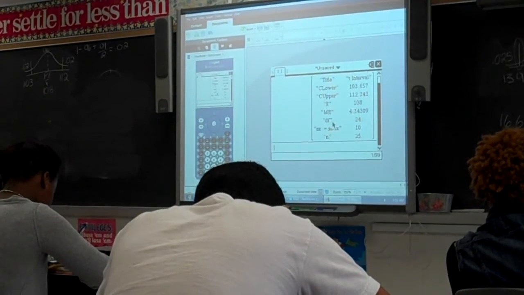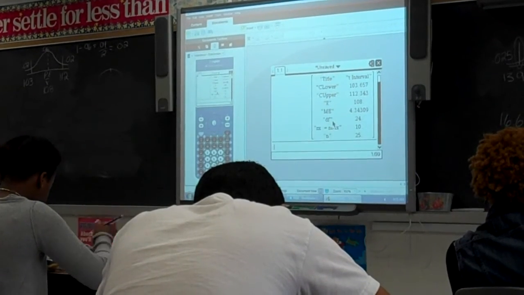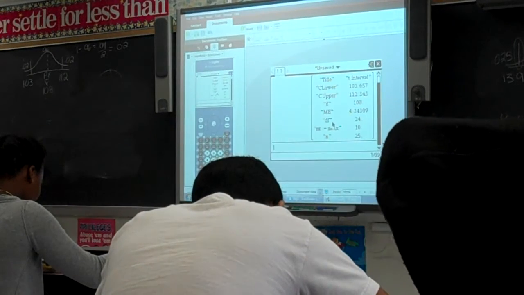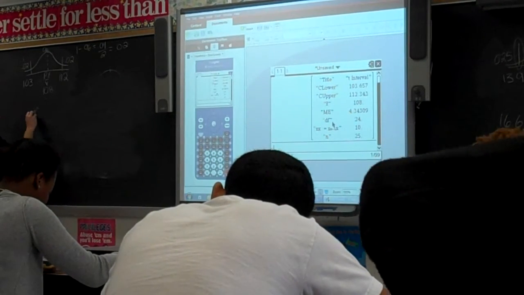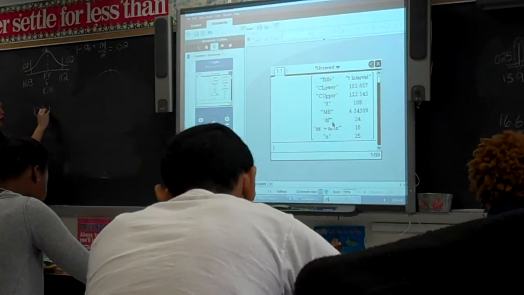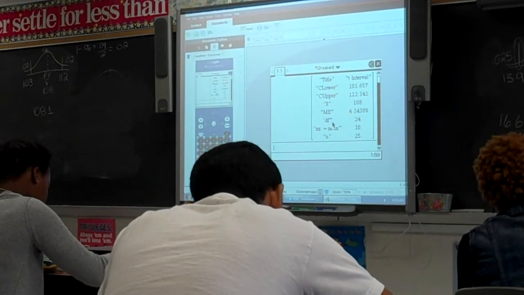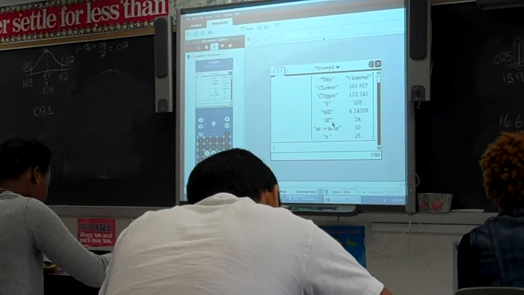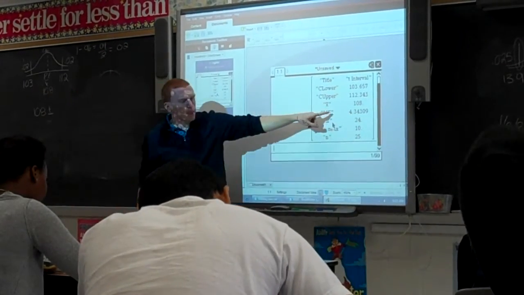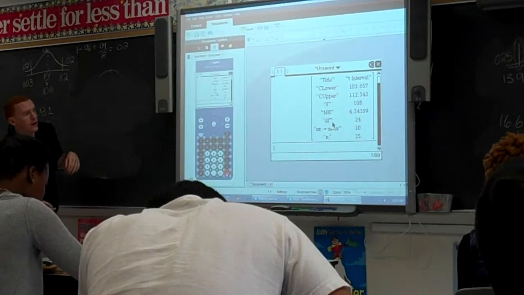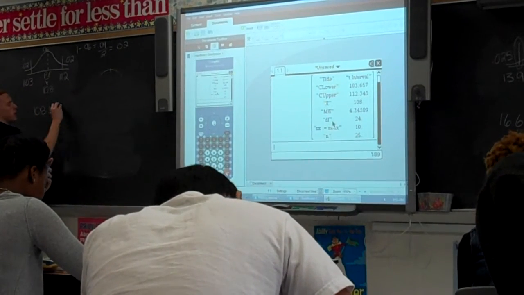I want to be able to write in confidence interval notation. How can I do that? So, 108 plus or minus what? 4.2, did you get 4.2 here? 4.3, yep. So, plus or minus 4.3.